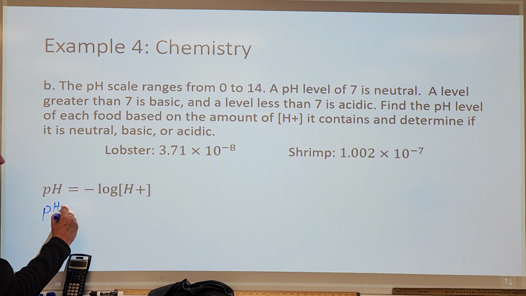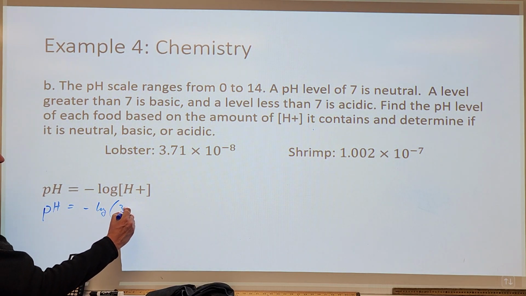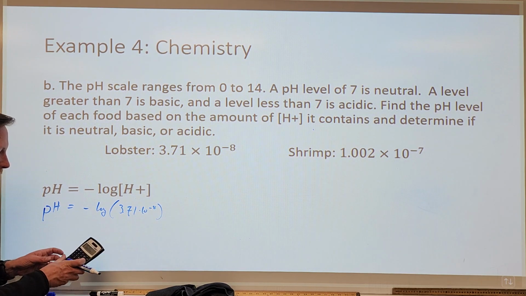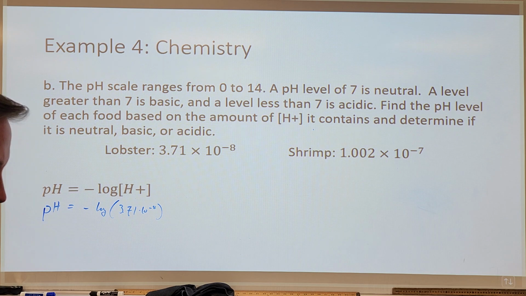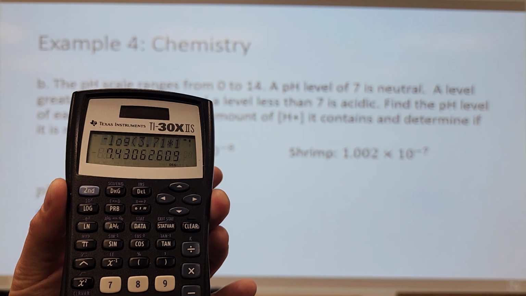So the pH for lobster is the negative log of 3.71 times 10 to the negative 8th. We can just type that in the calculator. There's a log button, negative log of 3.71 times 10 to the negative 8th, and it will evaluate that. Oops, I forgot the negative. And it gives us 7.43 for lobster.